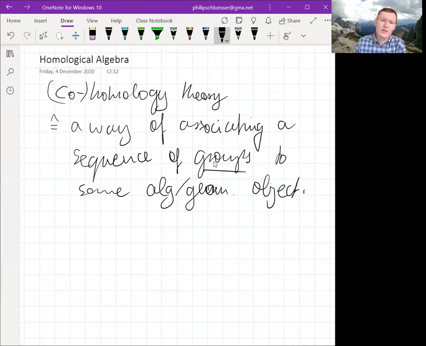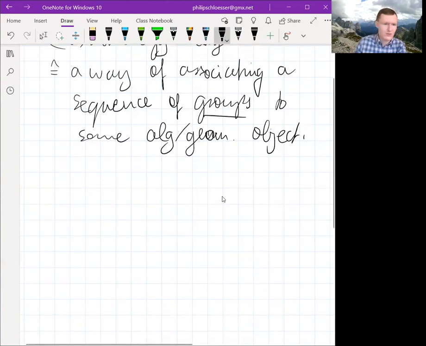And these groups are then called cohomology groups or homology groups. We usually do this by means of an intermediate object called a cochain complex, and this is the first thing we're going to introduce here.